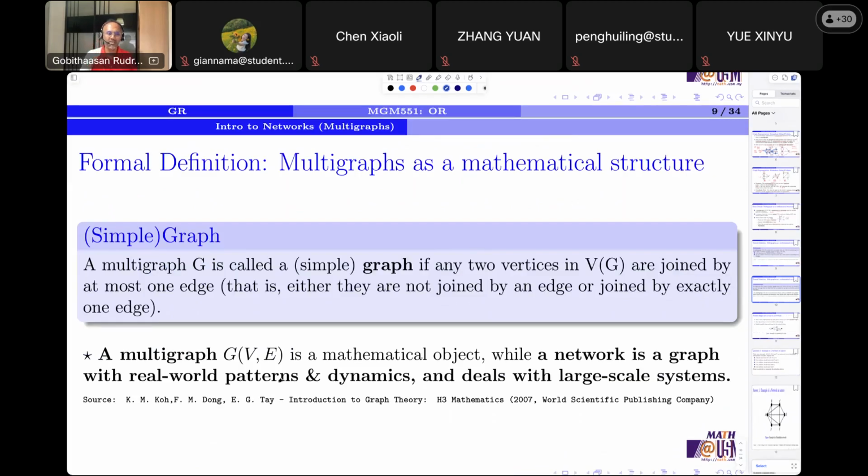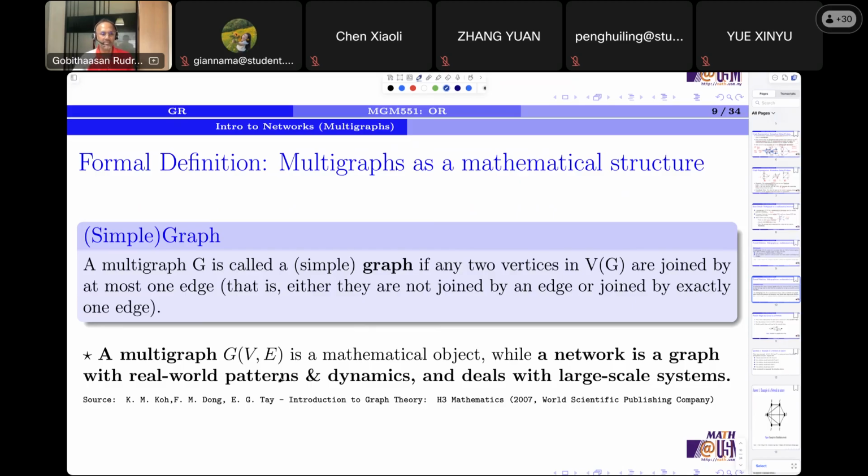And then we have another definition. Rather than calling it a simple graph, we just call it a graph. A multigraph is called a simple graph, or just a graph, if any two vertices in V(G) are joined by at most one edge. That is, either they are not joined by an edge or joined by exactly one edge.